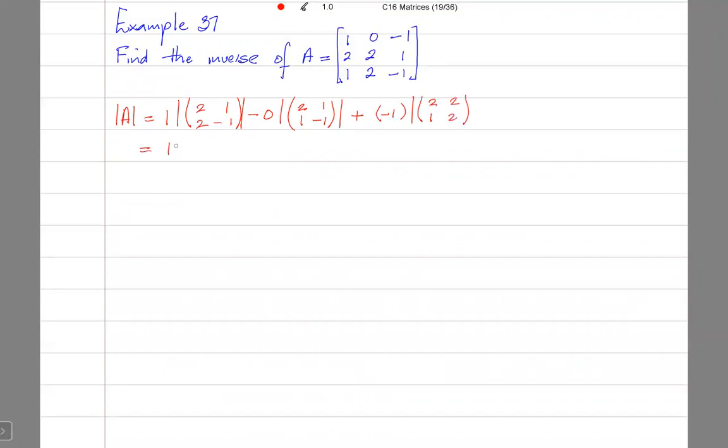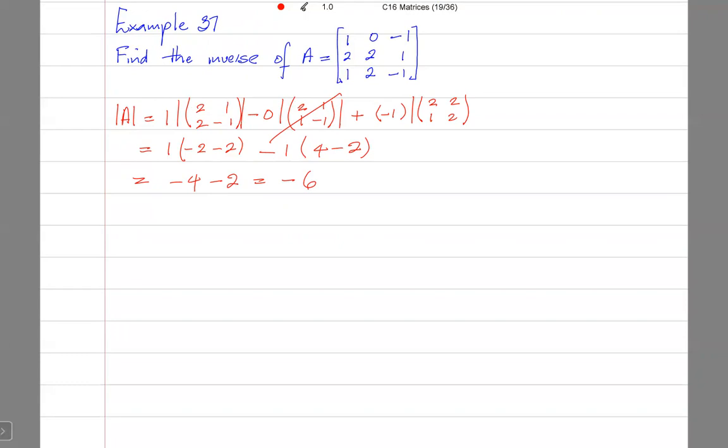So this is 1 times minus 2 minus 2. All right, the middle term goes because you have multiplied something by 0, you're going to get back 0. So this is gone, minus 1. And then we have 4 minus 2. So this here is minus 4 minus 2, which is minus 6. So the determinant is minus 6.